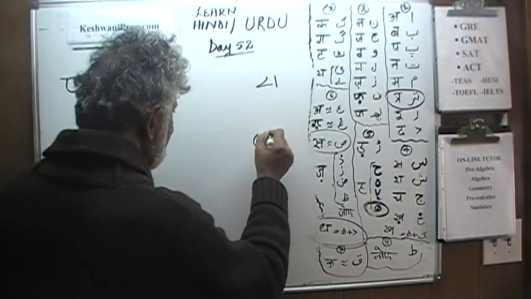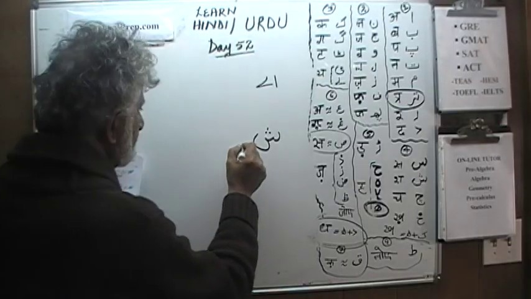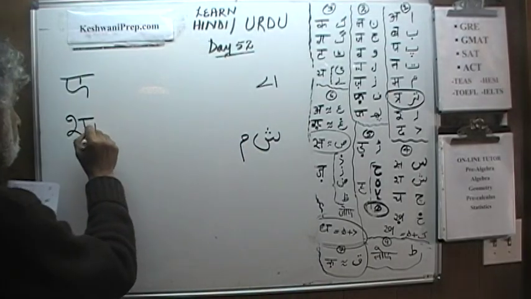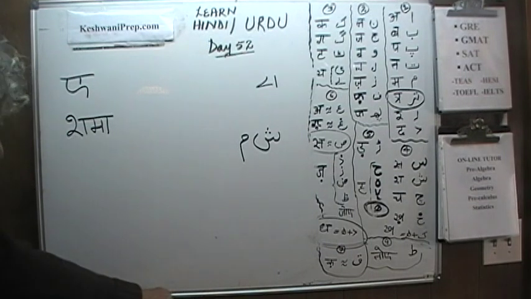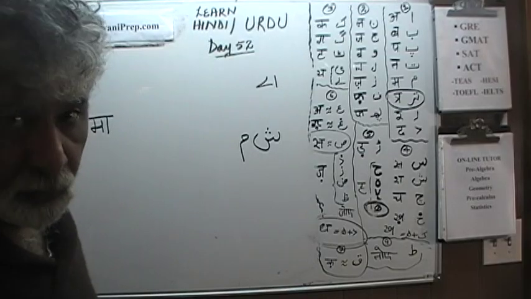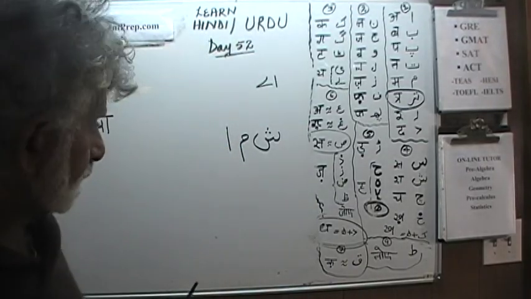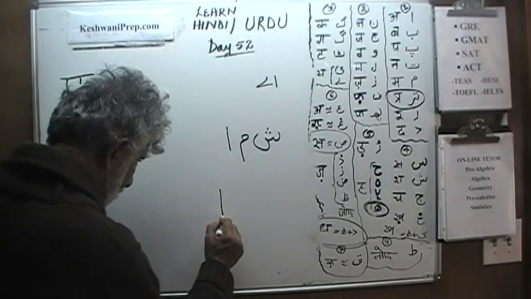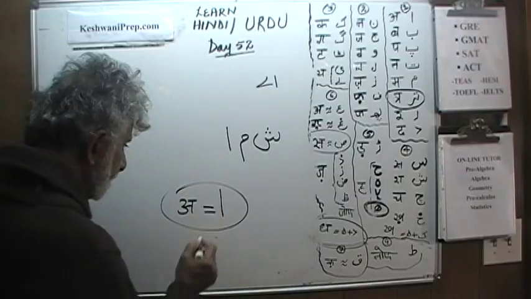Sh, ma, shama. As you can see, Hindi is very straightforward. That's why I wrote it first, shama. But shama in Urdu is not going to end with an alif. As you know, we have 2 in Urdu. One is alif, which is the exact equivalent of your a.